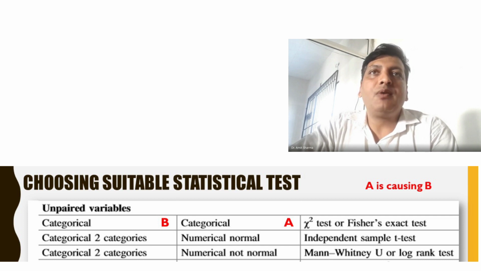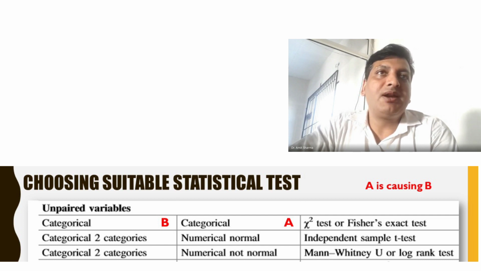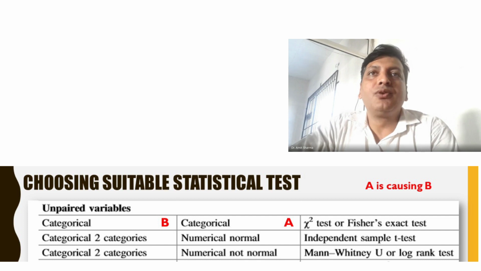That means you have to apply the test for normality of distribution to the fasting blood sugar and see whether you got the bell-shaped curve or not. If you got the bell-shaped curve, you can go for the independent sample t-test. If you didn't get the bell-shaped curve, your data was found not normal, then the test is Mann-Whitney U or log rank test. Clear? So for two samples, these two tests are recommended.